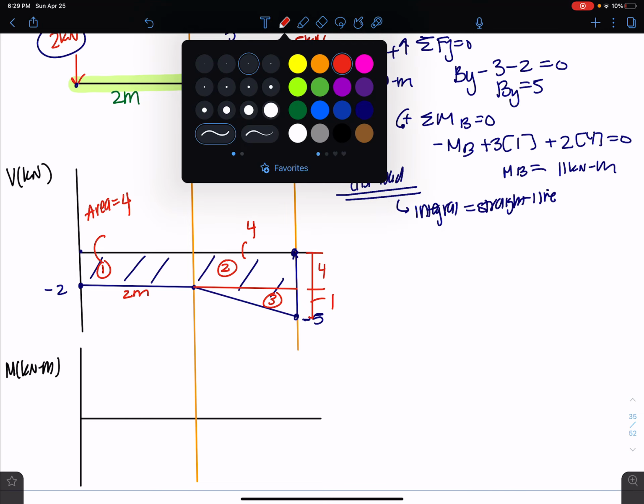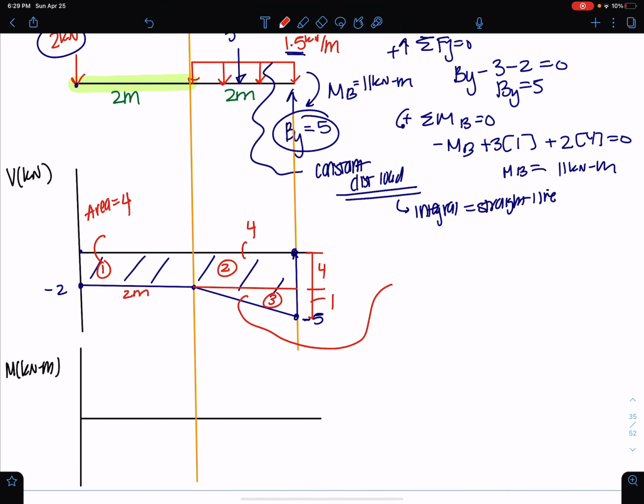So this area here, area 3, has to be 1/2 times 1 times 2. I'm sorry, this is 2, not 4. Maybe something looked funny. This is 2, right? Sorry. 2 and 3. So 1/2 times 2 times 3, which gives us 3.